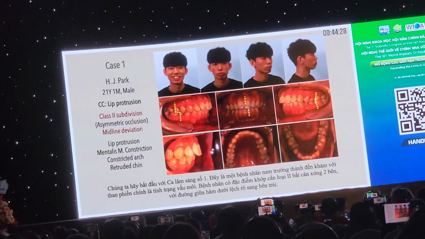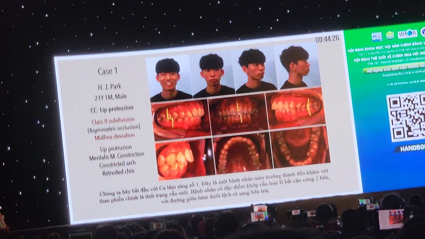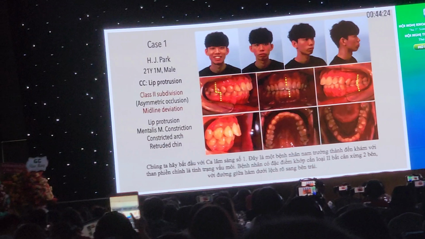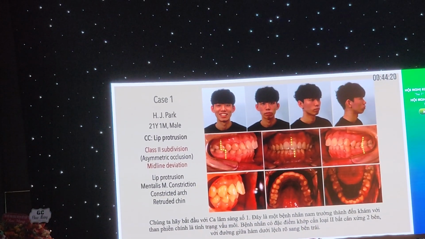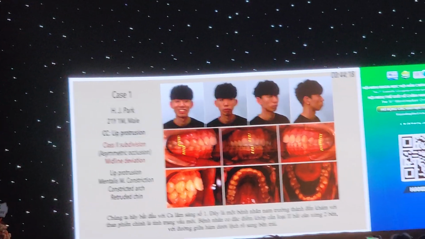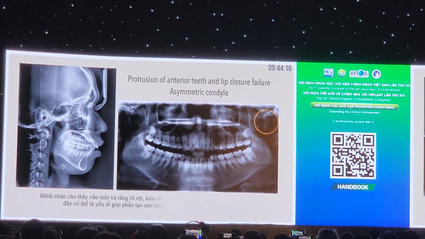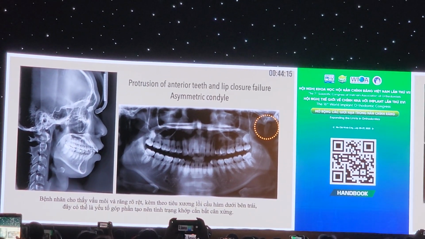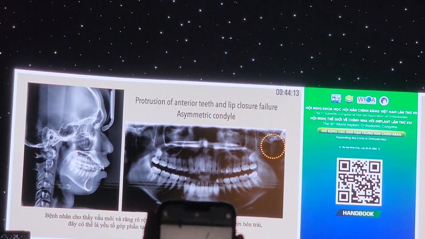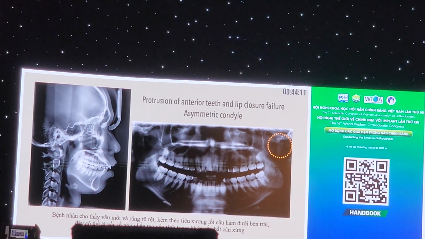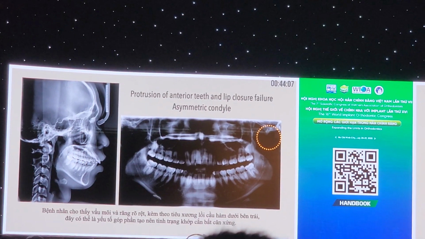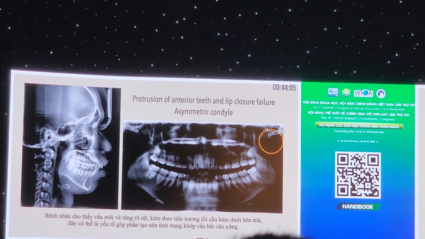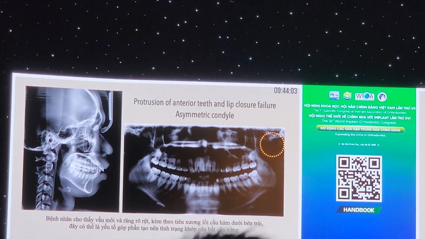He exhibits the characteristics of class 2 subdivision asymmetric occlusion with a noticeable leftward deviation of the mandibular midline. The patient demonstrates significant protrusion of the incisors and lips with obvious resorption of the left mandibular condyle, likely contributing to the asymmetric occlusion.